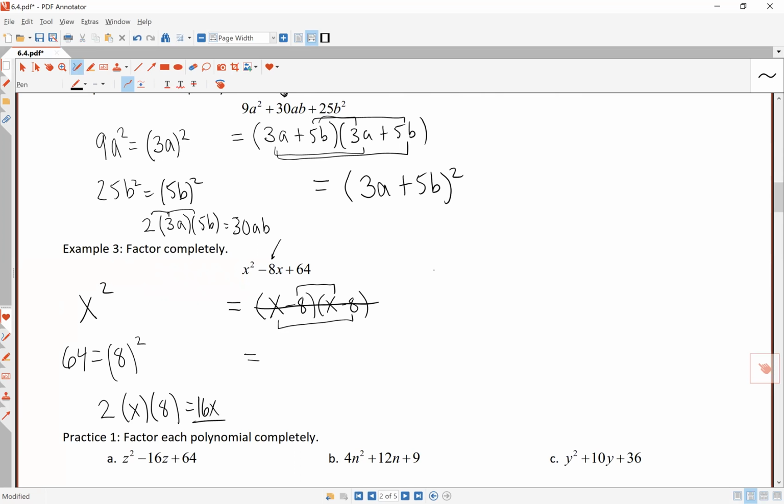In order to try to factor it then, we would have to go back to the other techniques, and maybe there's a product of two numbers that's positive 64 that adds to negative 8. 1 and 64, we'd have to put both negatives on those. Negative 2 and negative 32, negative 4 and negative 16, and then negative 8 and negative 8. We're never going to get it.